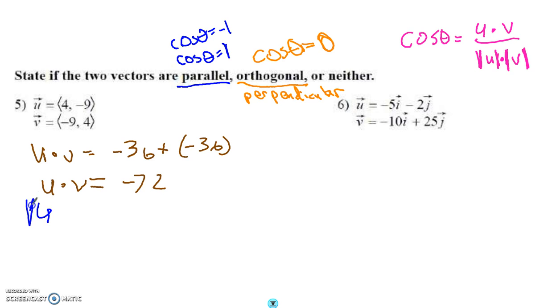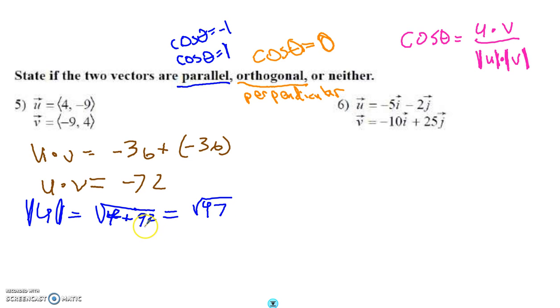The magnitude of u is the square root of 4 squared plus 9 squared. Again, remember, I don't trust y'all. Just don't put the negative sign. Just go ahead and use the positive sign. Okay, so 4 squared plus 9 squared. That is 16 plus 81. That is the square root of 97.